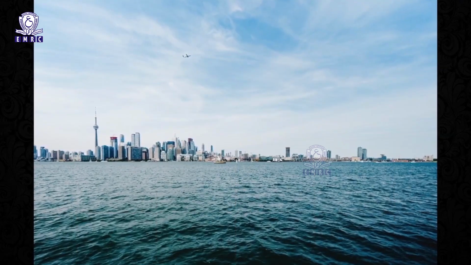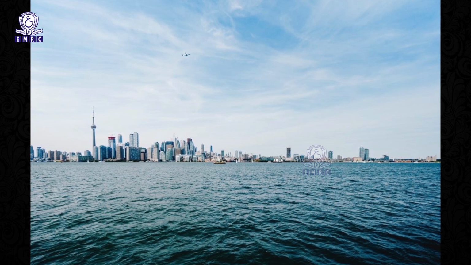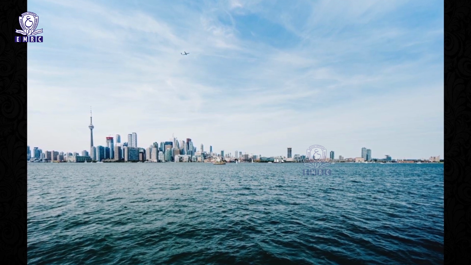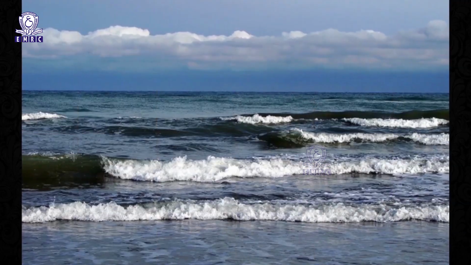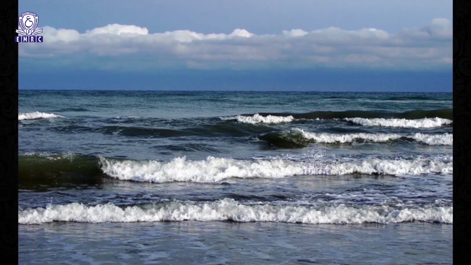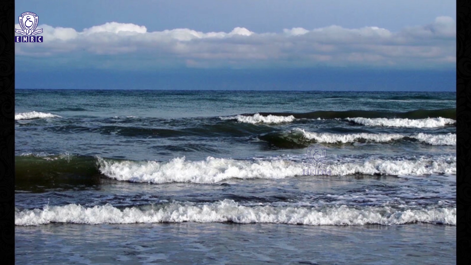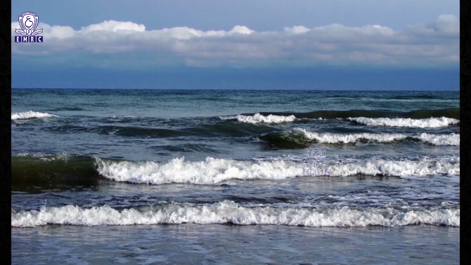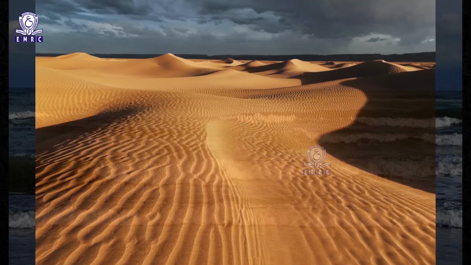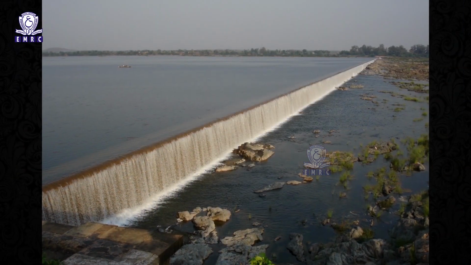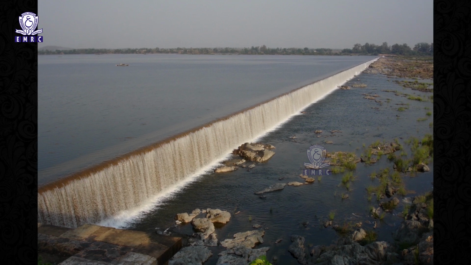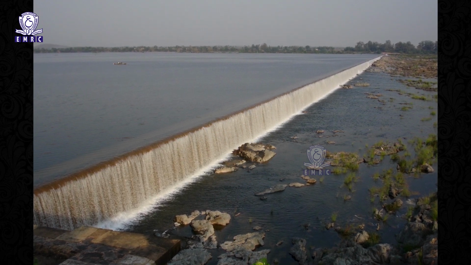According to him, the sea level is the ultimate or permanent base level, which is termed the grand base level. The grand base level depends upon the position of the sea level. In the desert or the arid region, the drainage is called internal drainage, where the river ultimately ends in a lake.